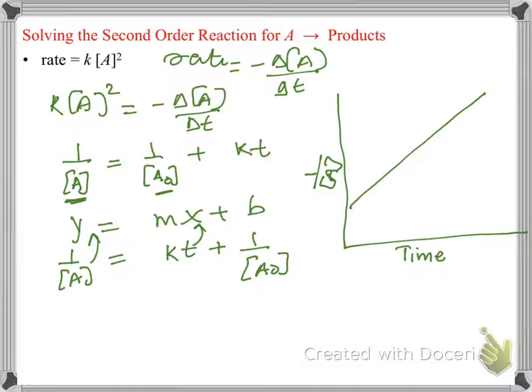You can find out the slope of this line, and the slope of the line will be K.